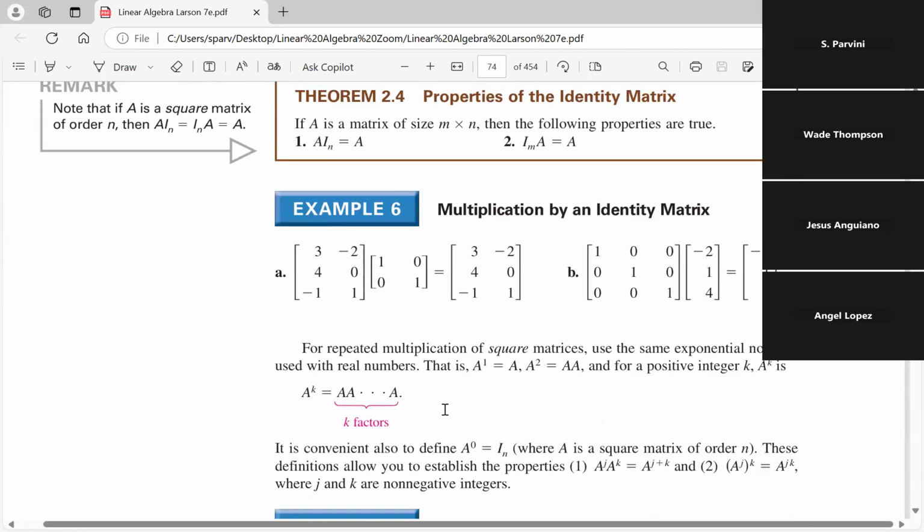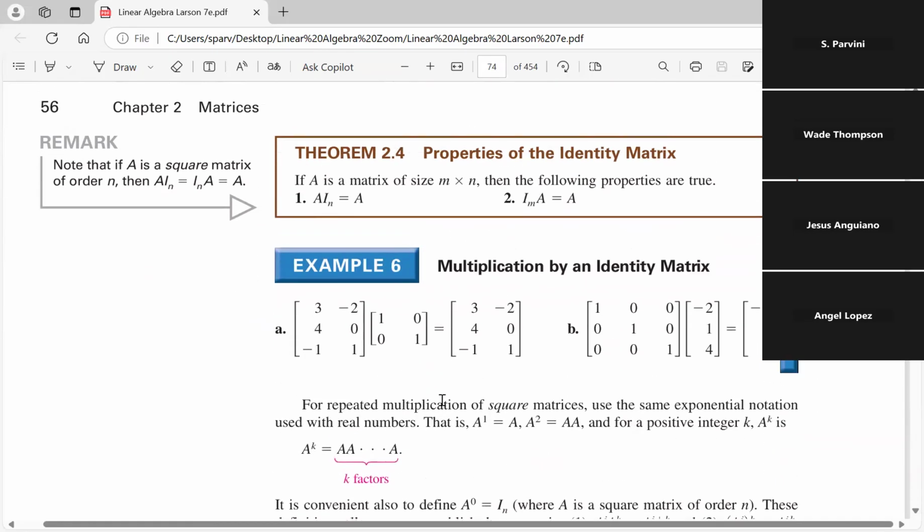Okay. And he's showing you here a couple of examples. So here's a matrix A. This is the identity matrix of order 2. When he multiplies it, look what happened. He gets exactly the original matrix back. See? He gets A back. So he's doing number 1 here. A times I is A. Look at this one now.